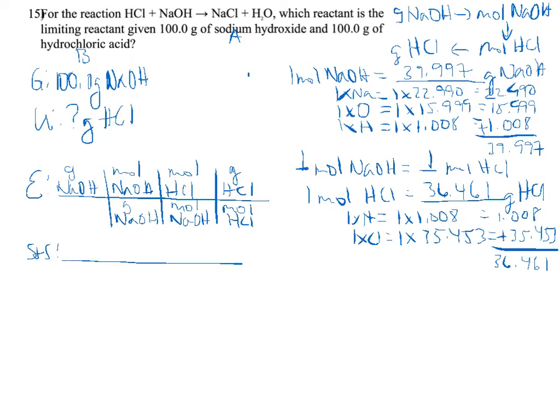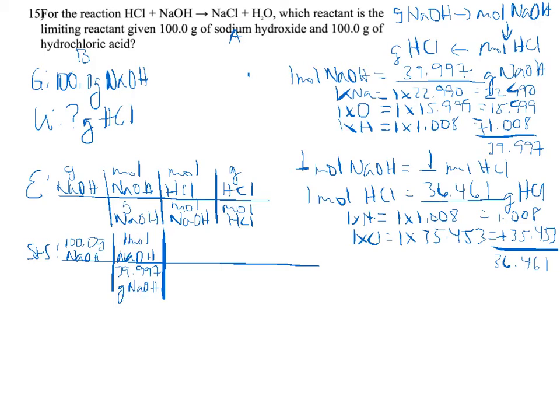Substituting in our numbers, we're given 100.0 grams of sodium hydroxide. Molar mass is always 1 mole of the substance, so 1 mole of sodium hydroxide is 39.997 grams of NaOH. Remember, we're getting these numbers from these equivalent statements we wrote up here. 1 mole is to 39.997.